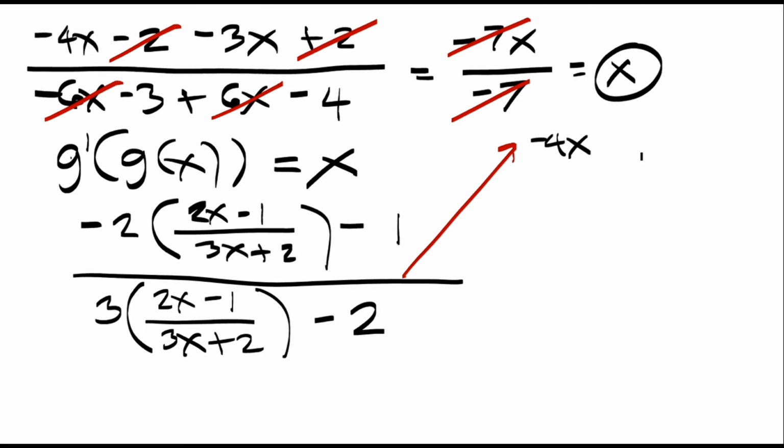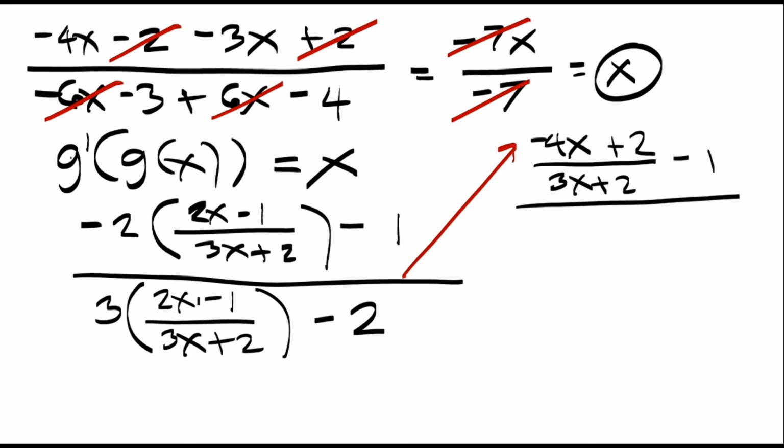Negative 2 times negative 1 is plus 2 all over 3x plus 2, and then minus 1 all over. So 3 times 2x is 6x. 3 times negative 1 is negative 3 all over 3x plus 2, and we have minus 2.